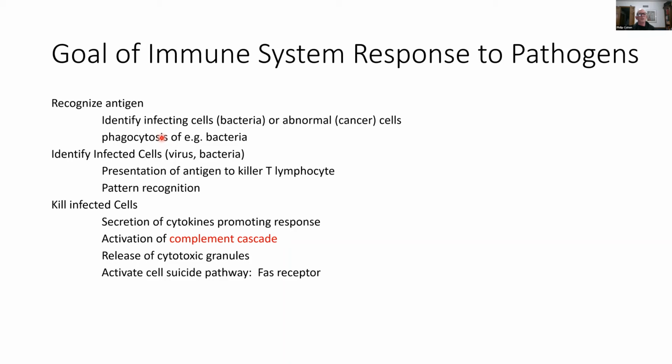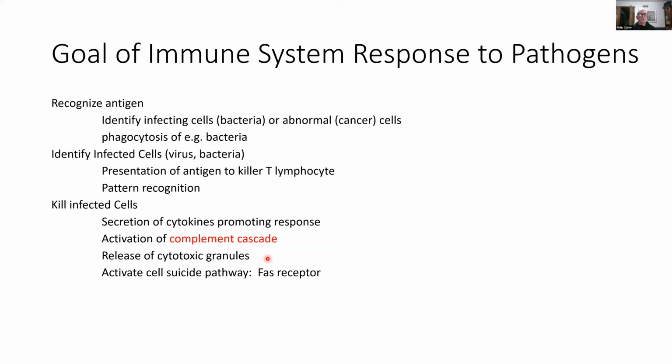I'll show you a movie of that. And then it identifies infected cells, and they're presented to T lymphocytes and killed, or they're recognized by pattern recognition. And then cytokines promote the functions that do all the things that I've talked about. Complement cascade is activated.